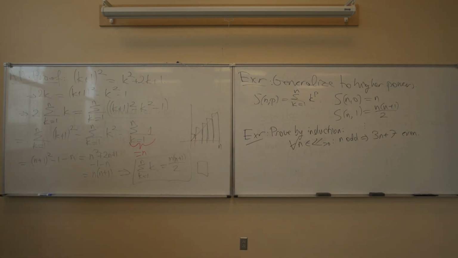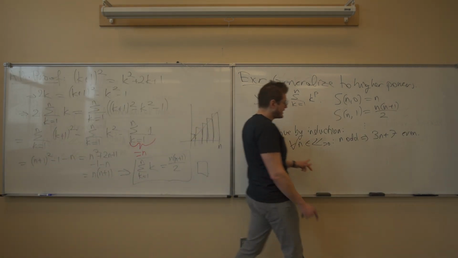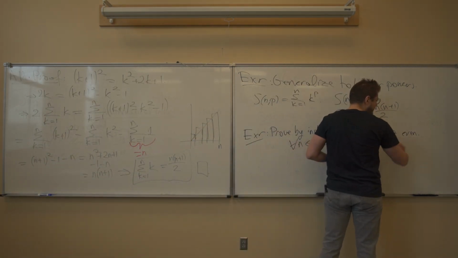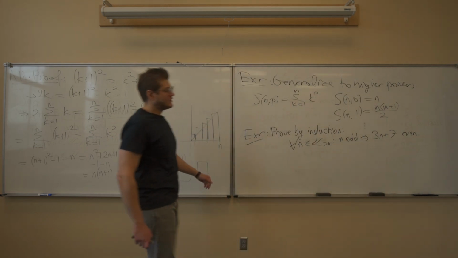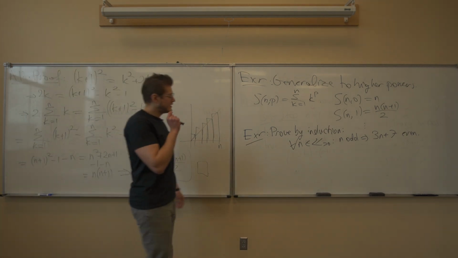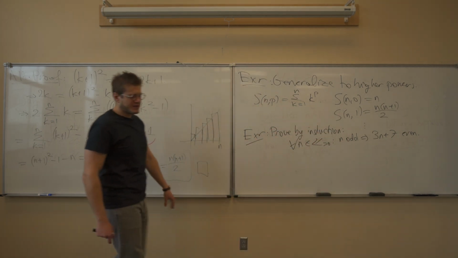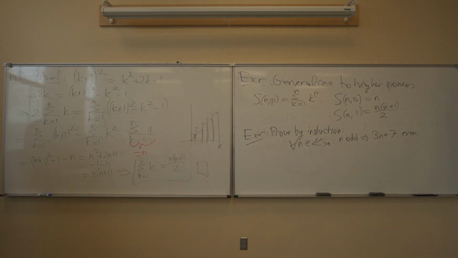So the issue here is that if you were to take this as p sub n, it's not going to be as straightforward to write down the next step. That's the one weak point of induction. Sometimes you have a statement, but then you don't know what p sub n works the best.